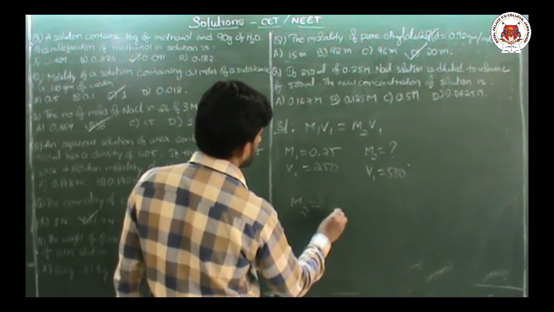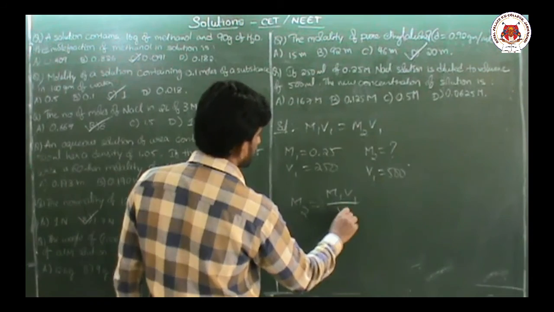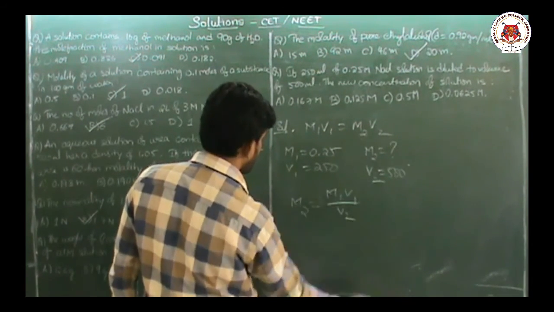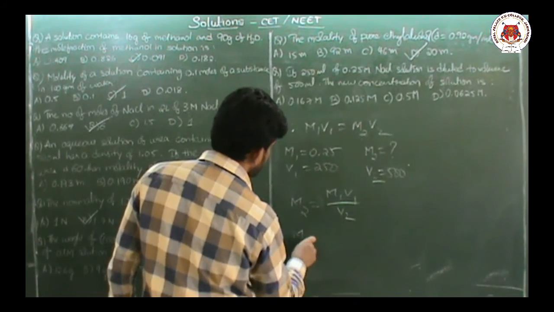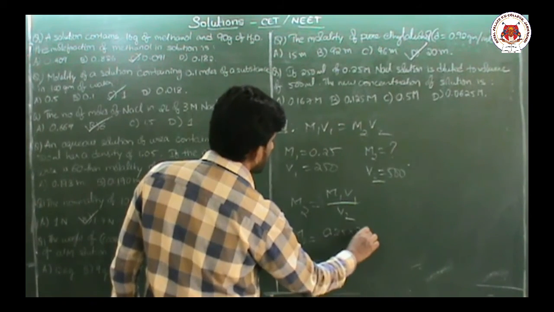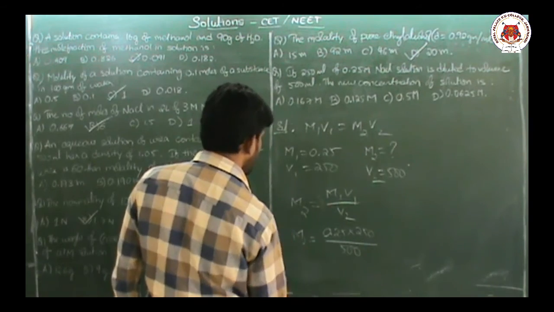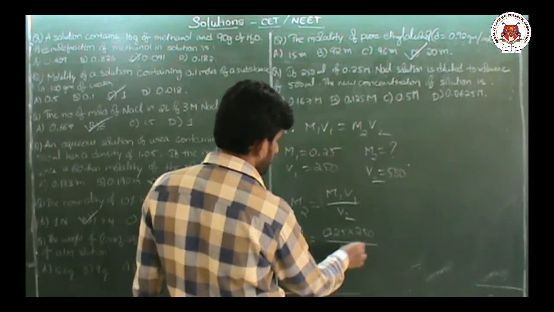Now from this I can write M2 is equal to M1V1 by V2. So M2 is equal to 0.25 into 250 divided by 500. So this is 2 times.